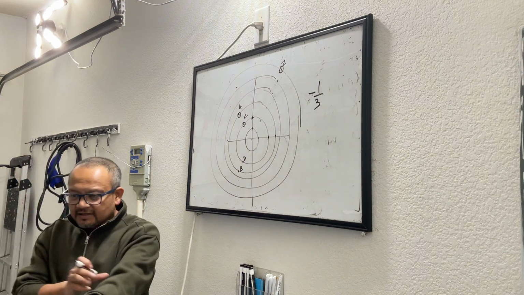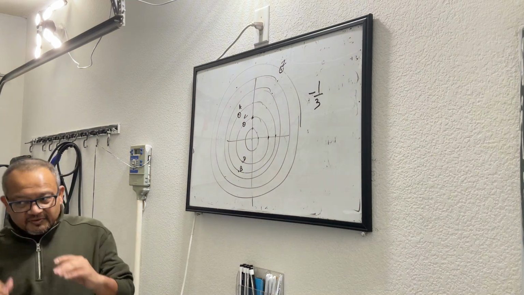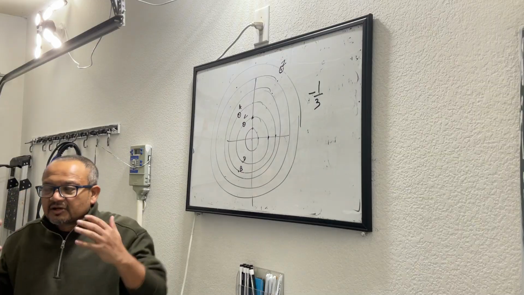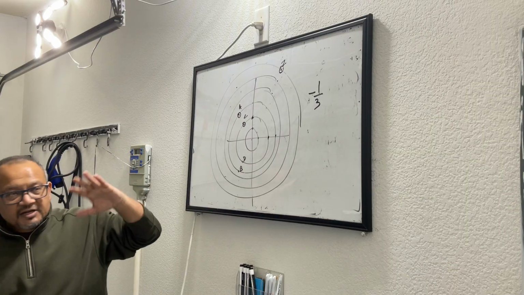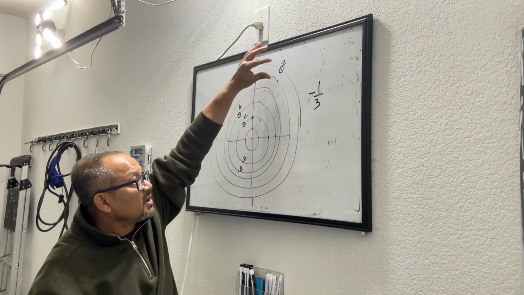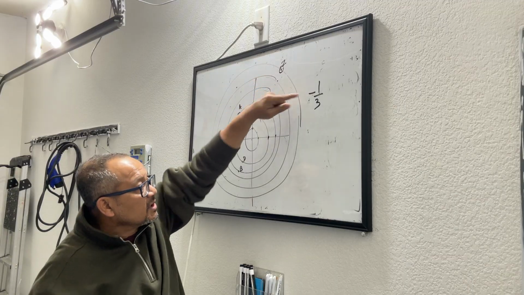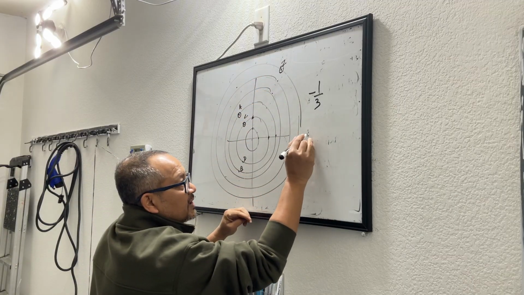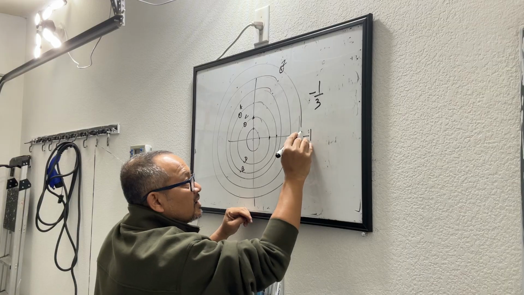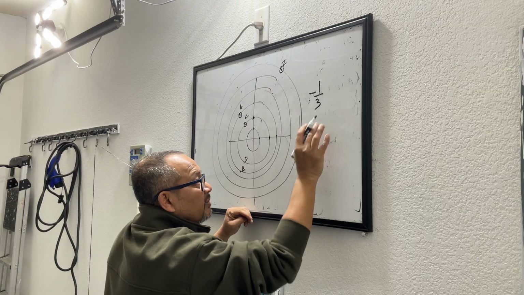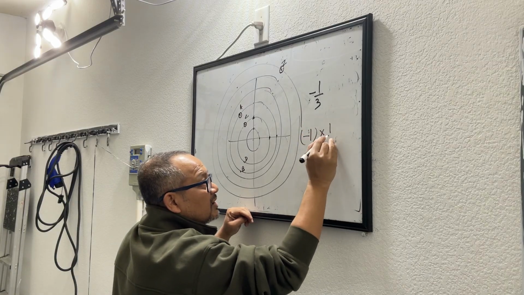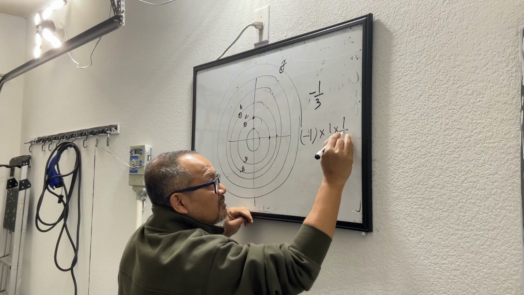So again, it's just a recap of this one. When I was stressing on visualizing this, this was the idea: you have a complex number, you're multiplying by minus 1 by 3.